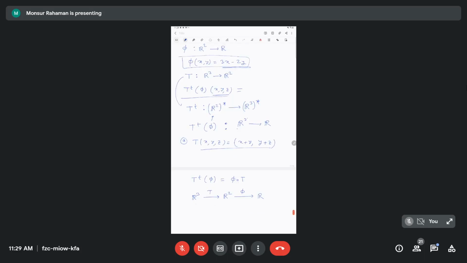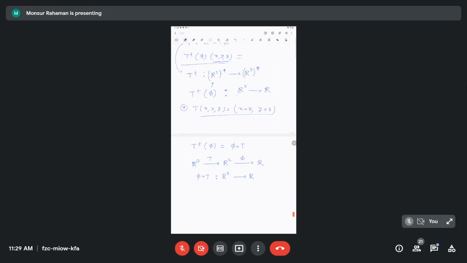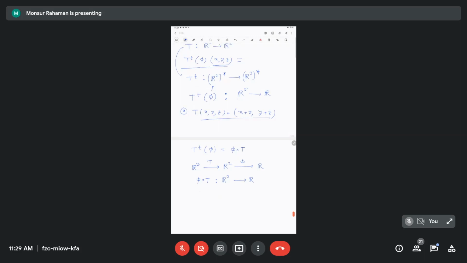So what you have to find is phi compose T, which is from R3 to R. You can multiply, because phi gives a matrix and T also gives a matrix, or you can directly compose it.